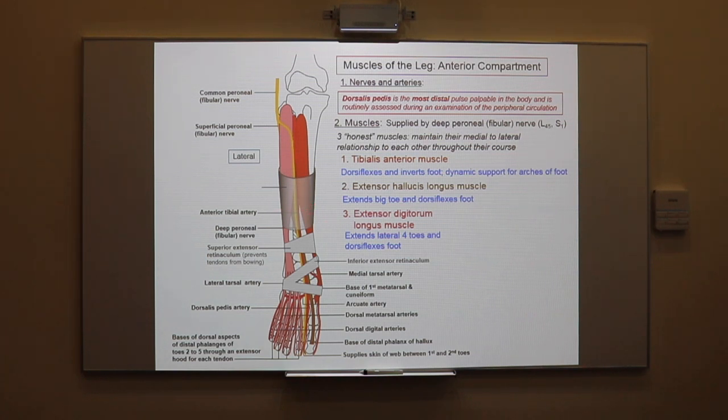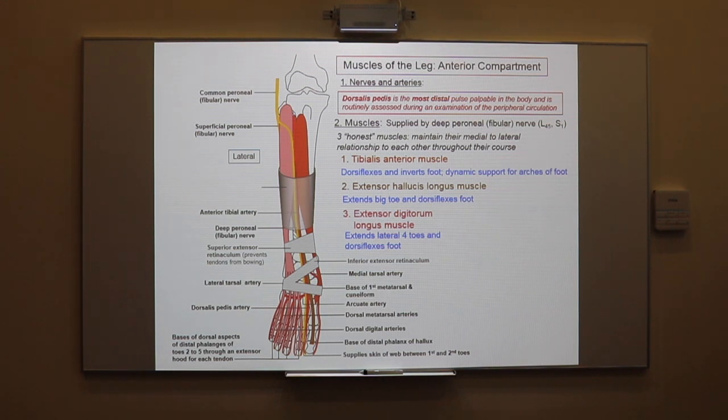It is going to compress the nerves and the vessels, which will result in pain on the anterior aspect of the leg. So that is what is called shin splint, and it happens in people who suddenly start to do exercise after a long period of sedentary lifestyle. They start running or doing similar exercise. That results in an increase in the size of the muscle, which compresses the nerves and vessels, and as a result you have pain on the anterior aspect of the leg, and that is called shin splint.